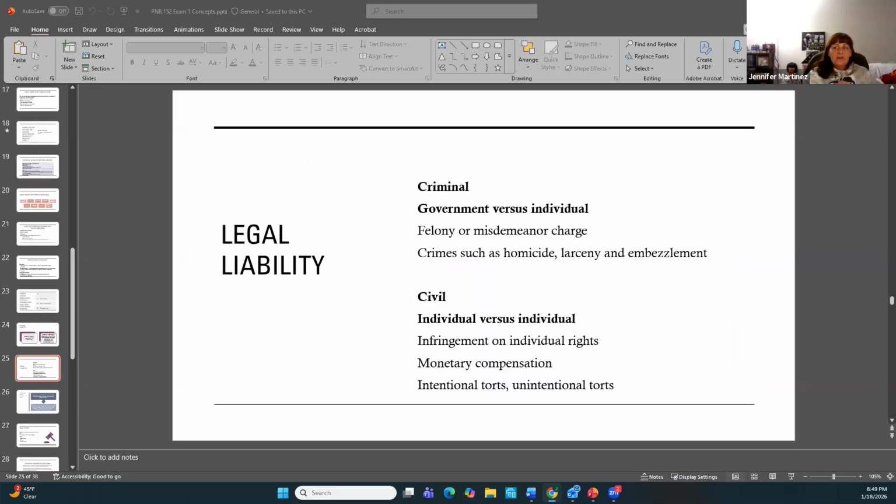So we have criminal. Criminal is people in society as a whole. It's a relationship between individuals and the government. Some of your criminal acts are your misdemeanors and your felonies. A misdemeanor is the least serious charge. It can result in a fine or a prison sentence of generally no more than a year.